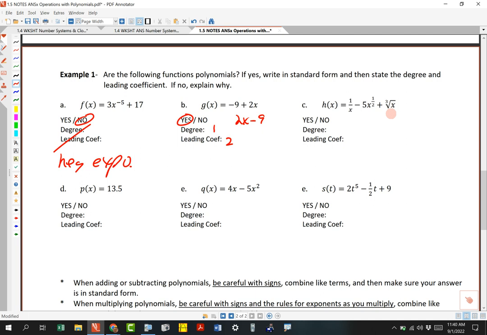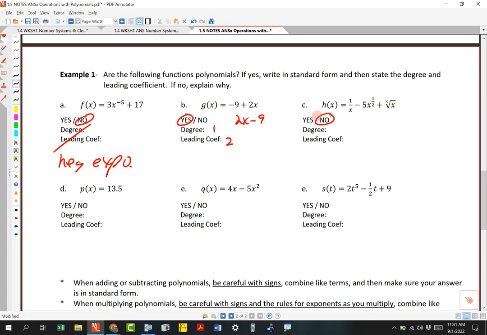Okay, Angela, is that a polynomial? Is there anything here that messes it up? Crew, Mason's not here. Will you pull the door shut? Cube root of x, not allowed.